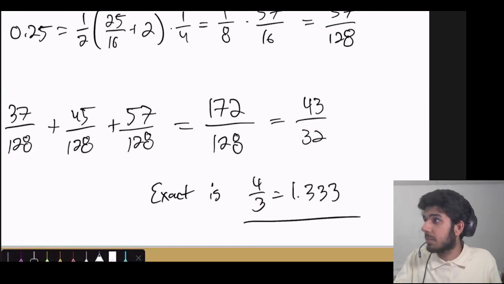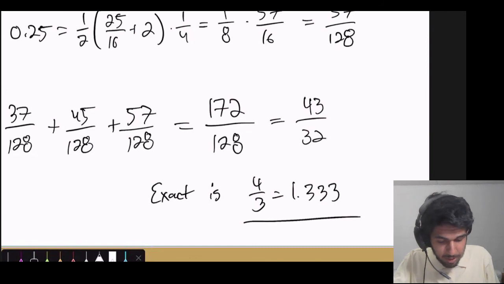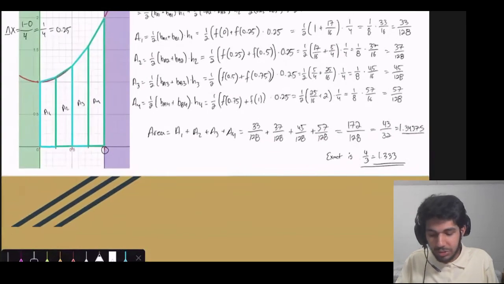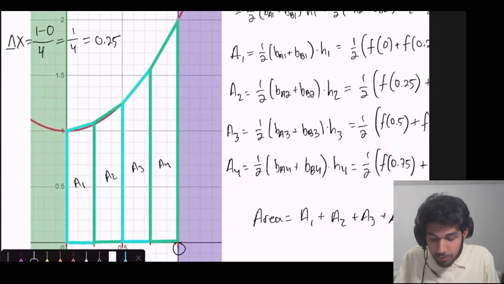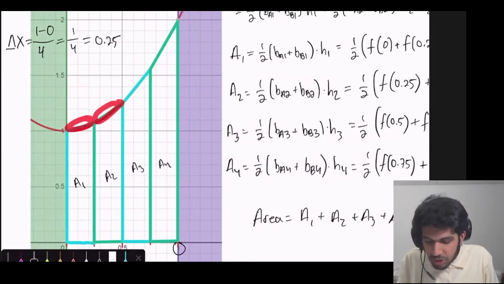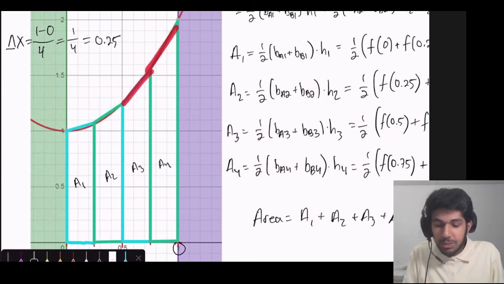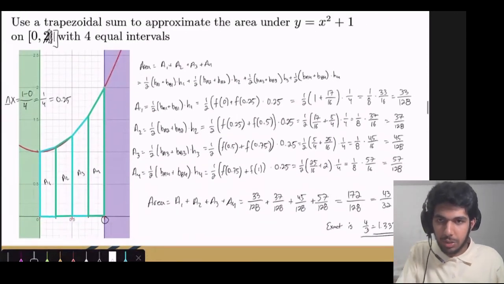Let me just calculate what 43 over 32 is. 1.34375. So we can see we are extremely close to the true value using this trapezoidal approximation. And sure enough, you can see that there's very little error. We're just slightly going over in these places. Here we're basically overlapping the function. So the trapezoidal approximation gives us such a good approximation of the true area.